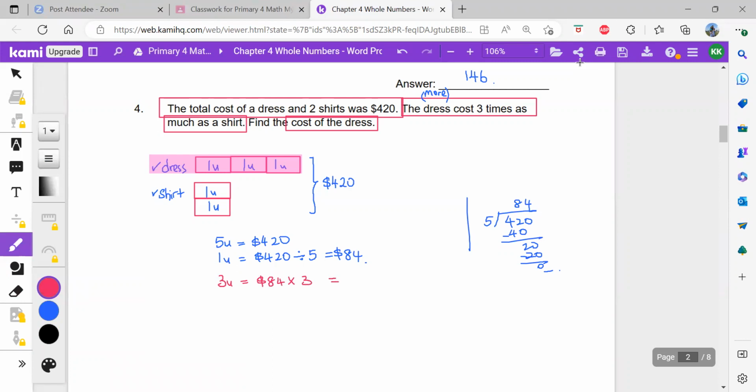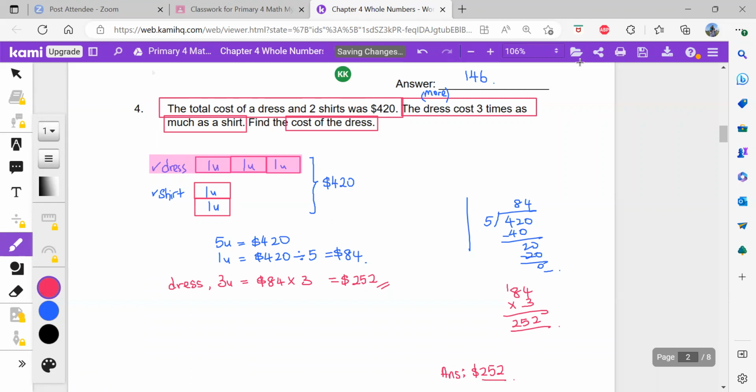And that'll give me, you can do working as well, $252. This is the dress. That's it. So the answer: a dress will cost $252. All right, so that's all for this worksheet. See you again. Bye.